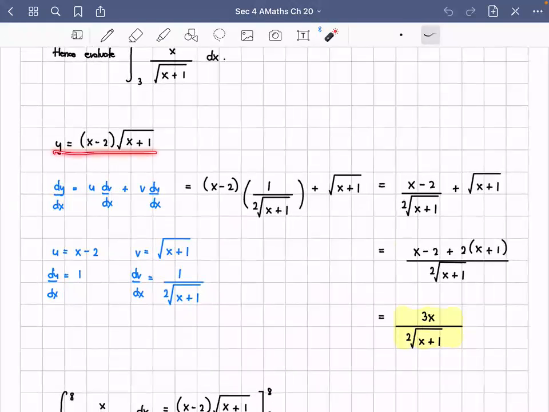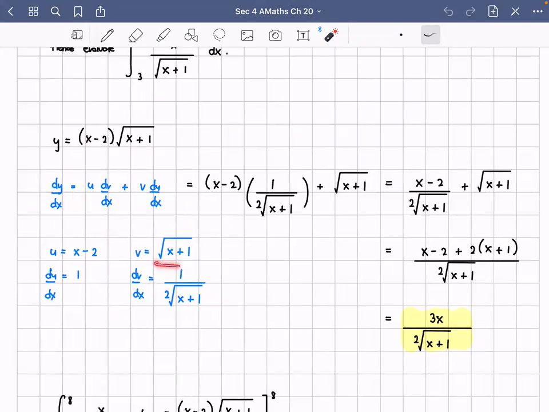So given this, y is equal to x minus 2 times root of x plus 1. So this is simply a product rule. Okay, so x minus 2 as the value of u, and then root of x plus 1 as the value of v. So this is the product rule, u dv plus v du. So u is x minus 2, so the derivative of u is simply 1.